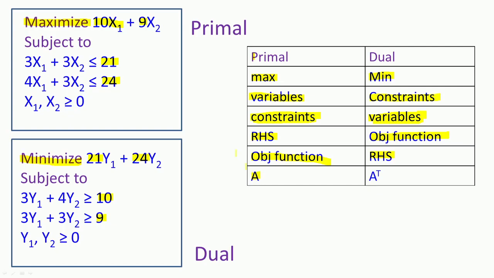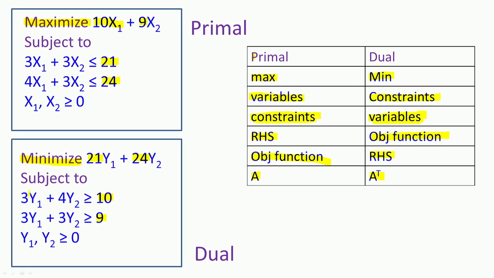So the rows become the columns and the columns become the rows. Therefore, if this matrix is called A, then in the dual it becomes A transpose. You would have learnt in algebra or matrices what is meant by the transpose of a matrix. Given a matrix, the transpose is another matrix such that the number of columns equals the number of rows, the number of rows equals the number of columns, and the rows automatically become the columns.